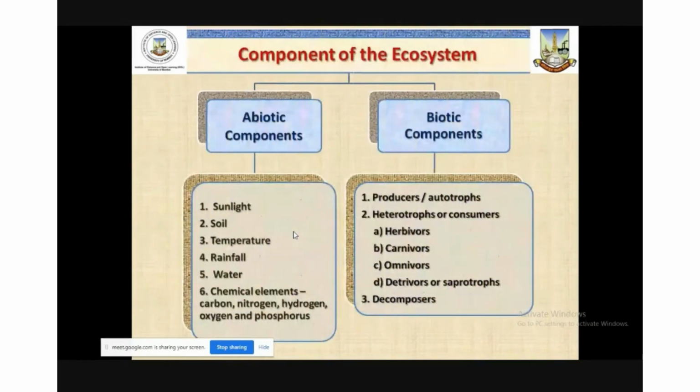Now, let us try to understand the different components of the ecosystem. As we have discussed in the earlier slides, an ecosystem includes both abiotic and biotic components.